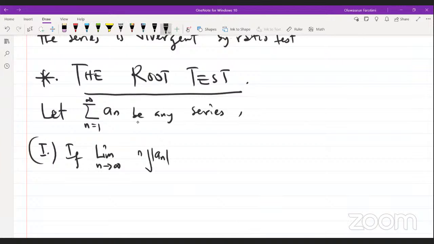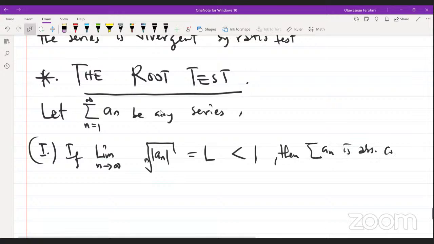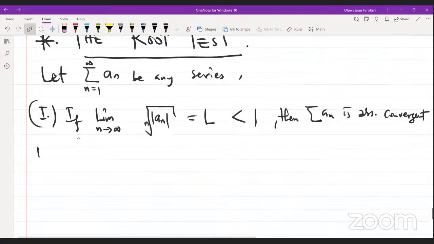That's the twist. If this gives me a limit that is less than 1, then this series is absolutely convergent. ABS convergent means absolute convergence.